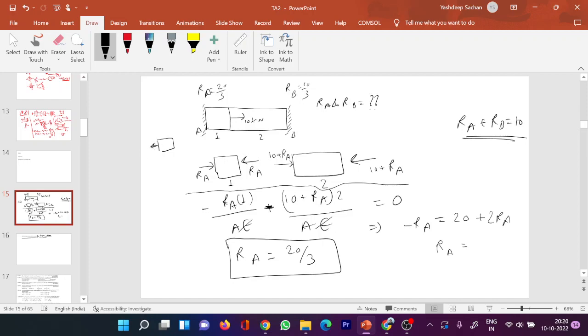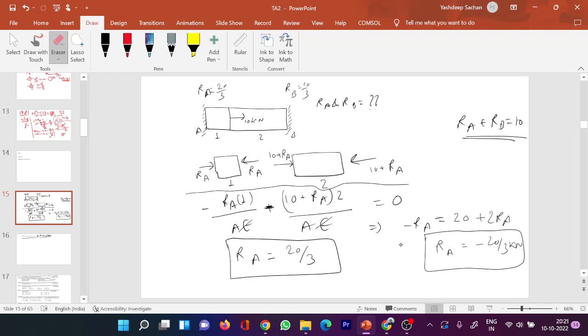Sir, RA will be minus 20 by 3, right? Minus 20 by 3. But whatever we supposed in our assumption, that is wrong. Means we have taken here as a compression, right? So it is not compression.